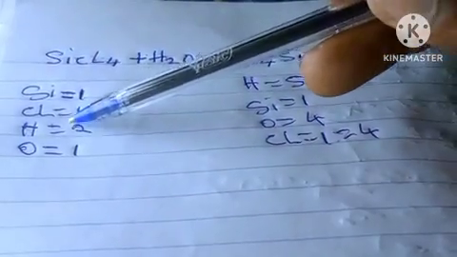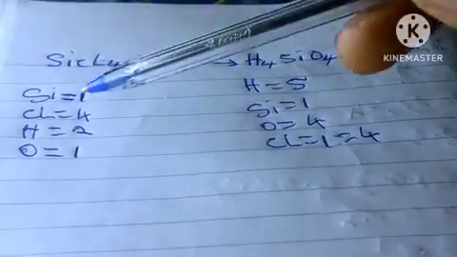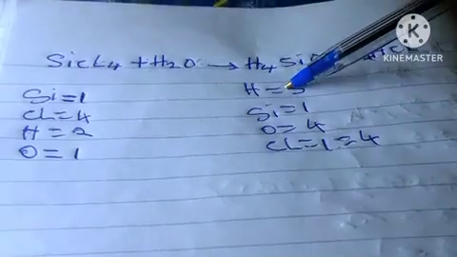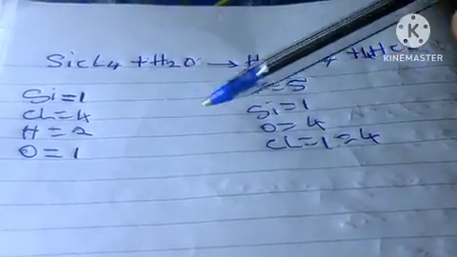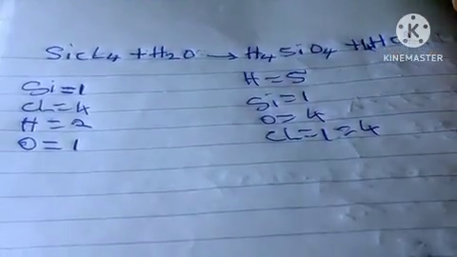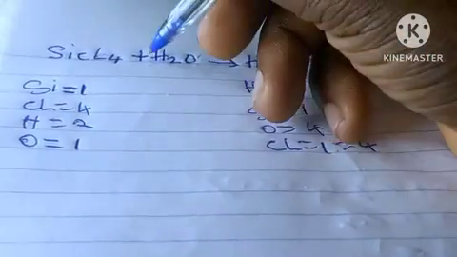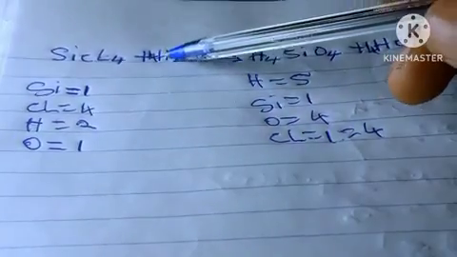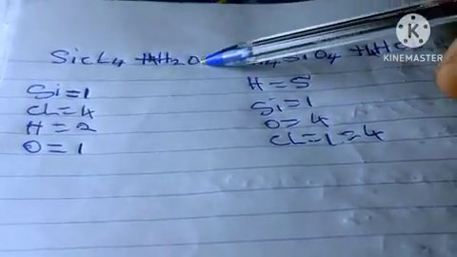So the next one is hydrogen. Let's check if hydrogen is balanced. Hydrogen at our left side is 2. Let's check our right side. Our right side is 5, meaning hydrogen is not yet balanced. So what are we going to do? Let's introduce 4 here, meaning this 4 is affecting both the hydrogen and the oxygen.